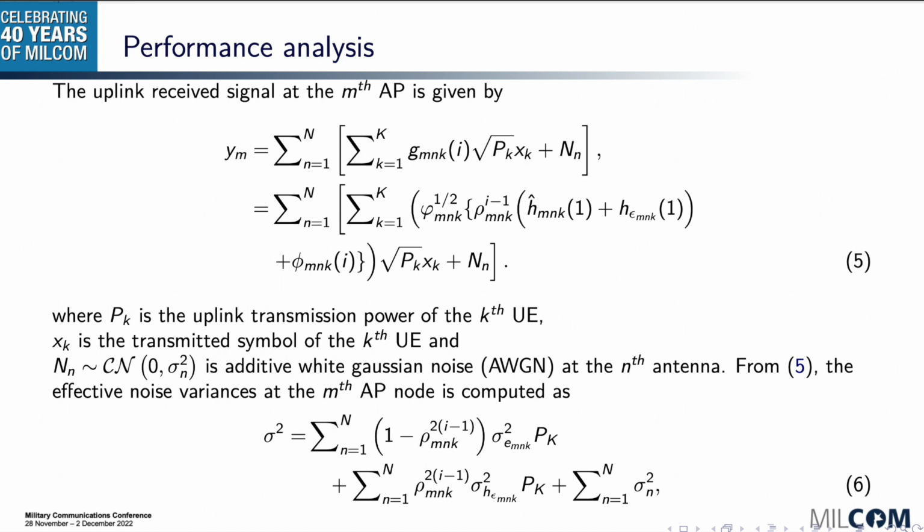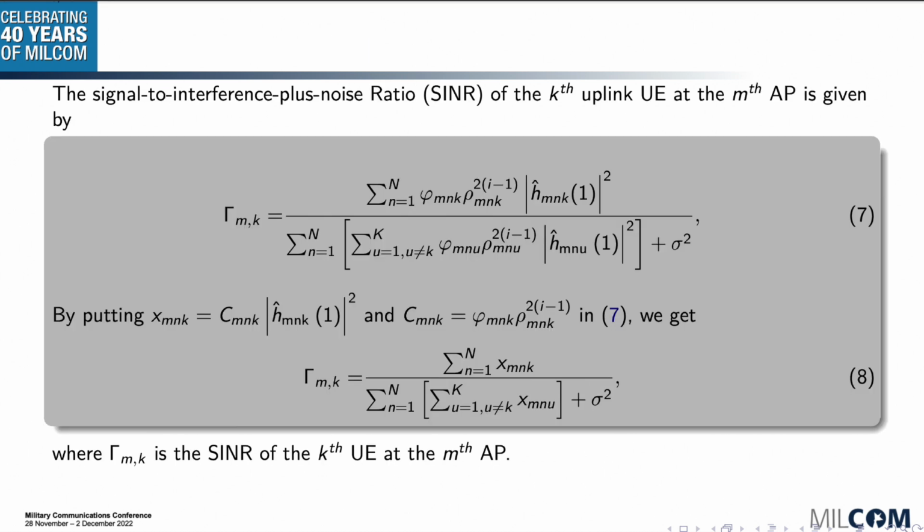From equation 5, the effective noise variance at the mth AP node is computed as sigma squared, which is given by the equation you can see in equation 6. The signal to interference plus noise ratio, SINR, of the kth uplink UE at the mth AP is given by γ_mk.